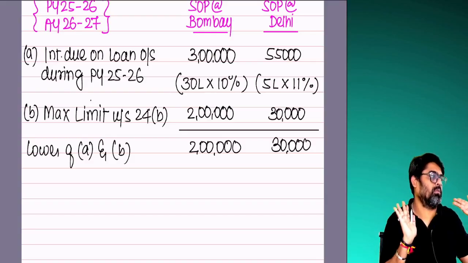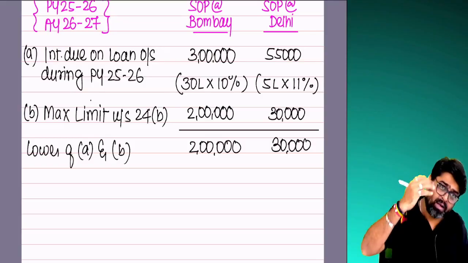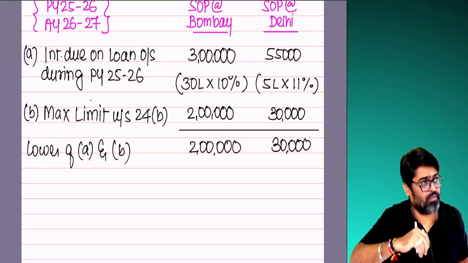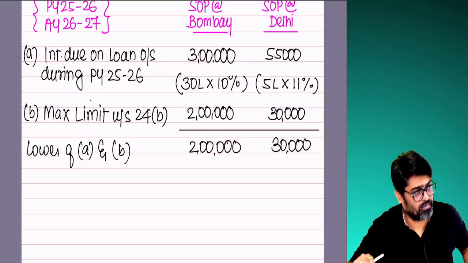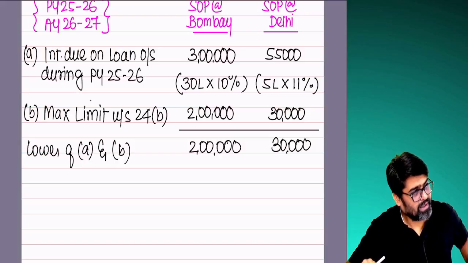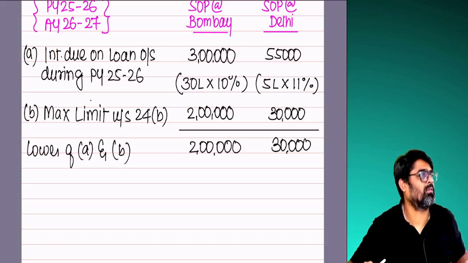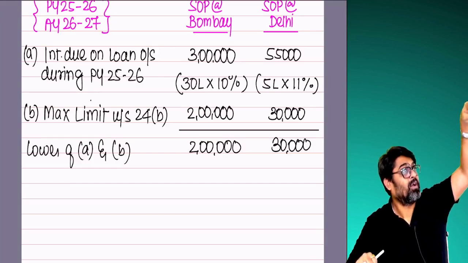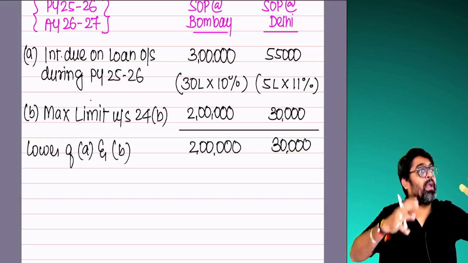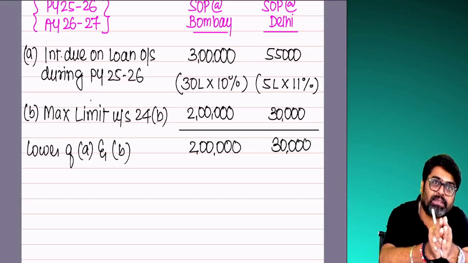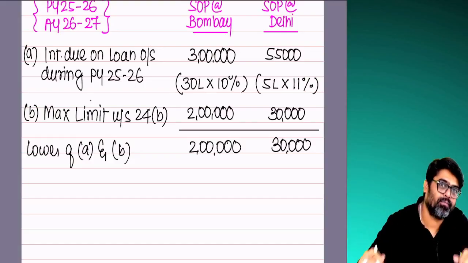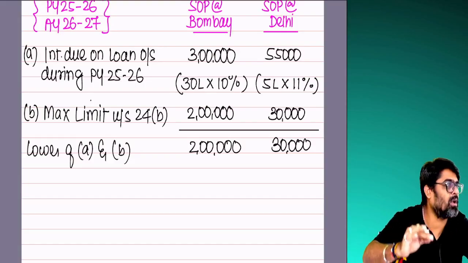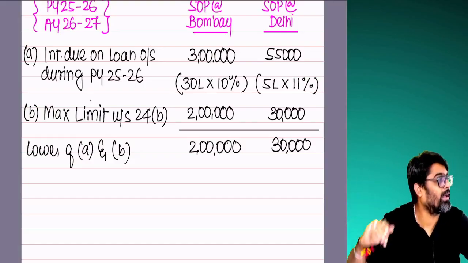2 lakhs. But what if the assessee is having 2 SOPs? He can claim 2 lakhs. That 2 lakh limit is given for the assessee, for his one SOP or both the SOPs taken together. His interest cannot be more than 2 lakhs.